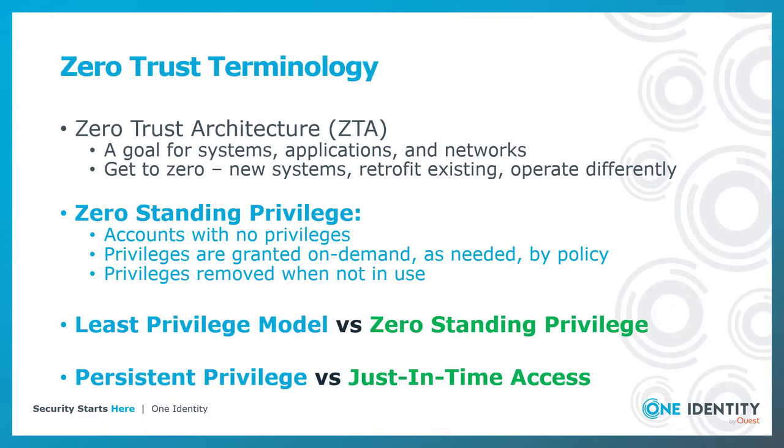So that's compared to a zero standing privilege where in a zero standing privilege environment, I wouldn't necessarily have the rights to do anything unless I actually had the task assigned to me or was approved to go do that. So then we can elevate those permissions when they need to be elevated.